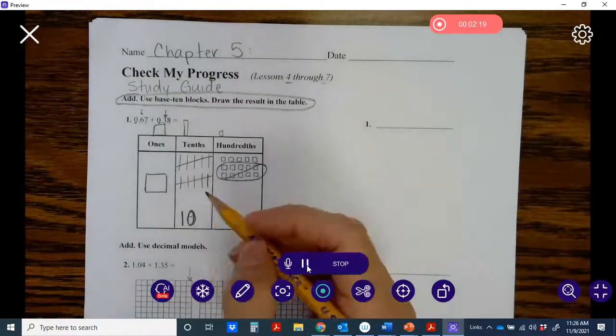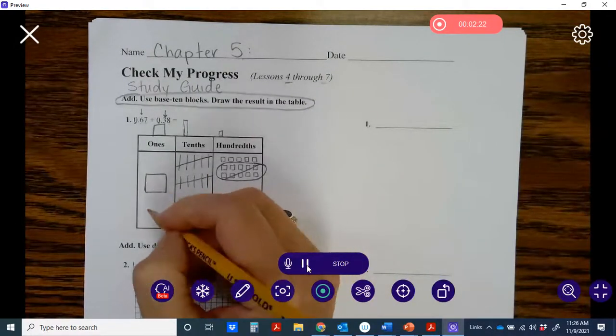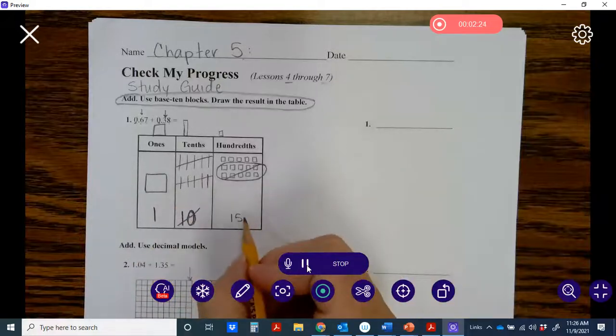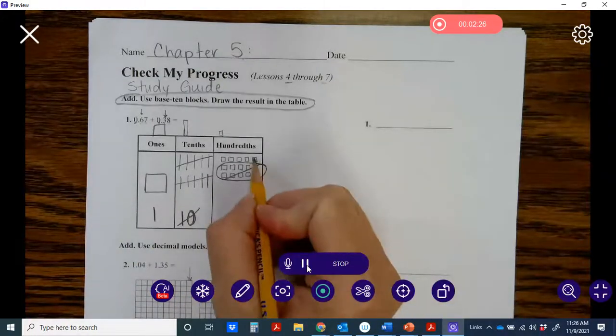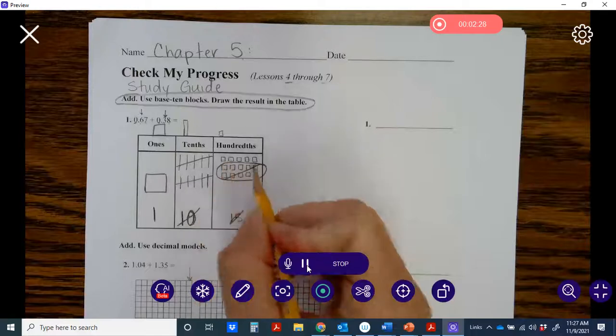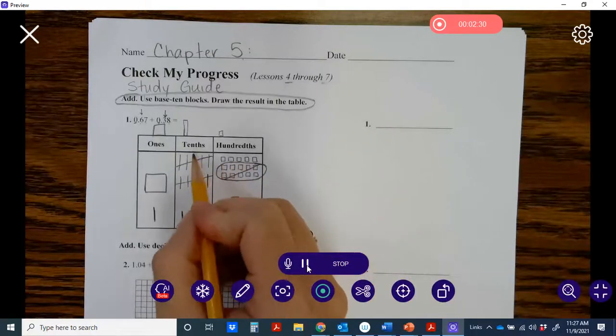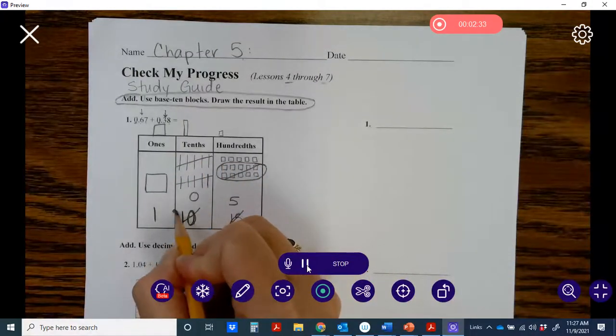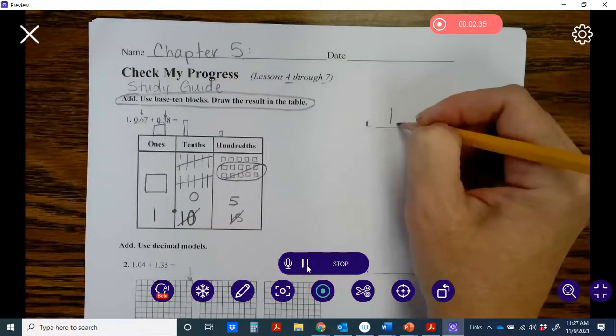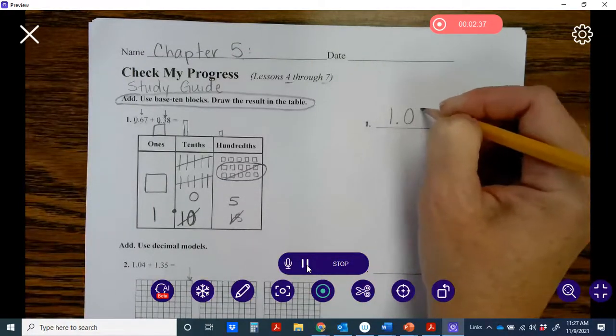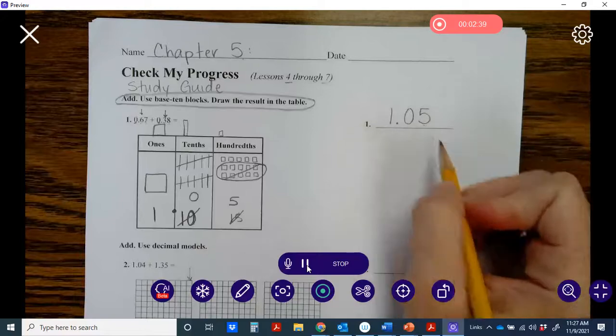So now we have 1 whole, and then what we have left over here is 1, 2, 3, 4, 5 hundredths, and we have no tenths. So our answer would be 1 and 0, 5. So 1 and 5 hundredths.